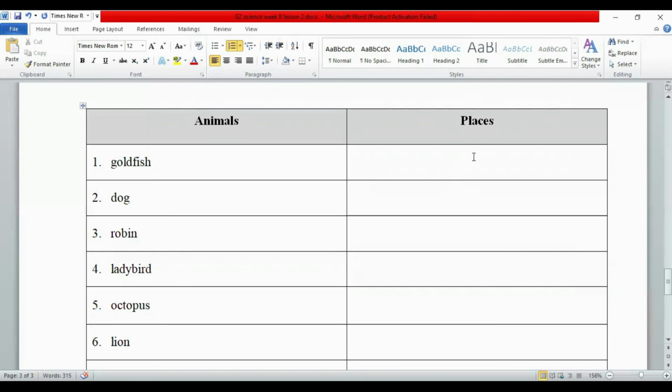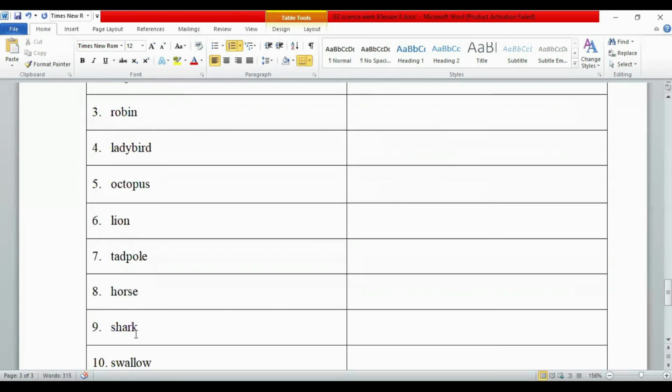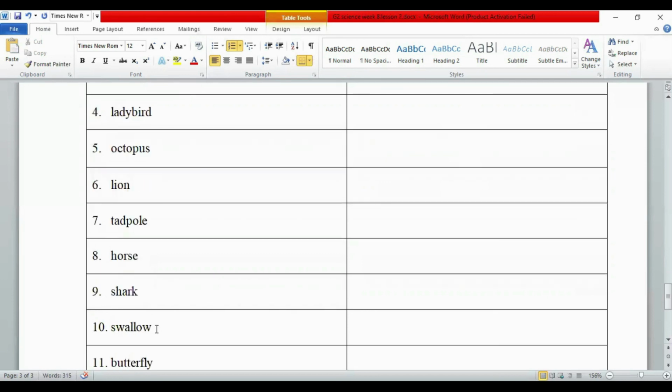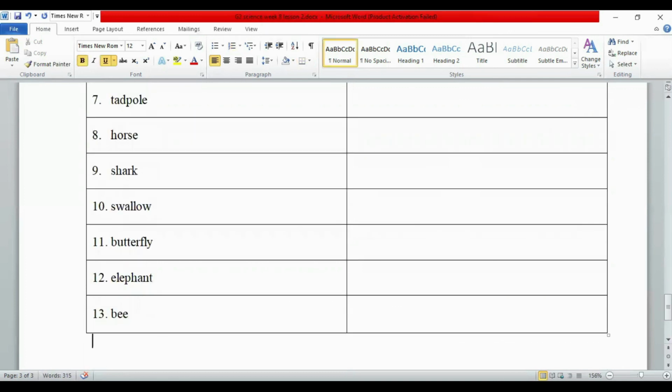Write it over here. Second one is dog. Third one is robin. Fourth is ladybird. Five is octopus. Six is lion. 7 is tadpole, 8 is horse, 9 is shark, and 10 is swallow. 11th is butterfly, 12th elephant, 13 bee.